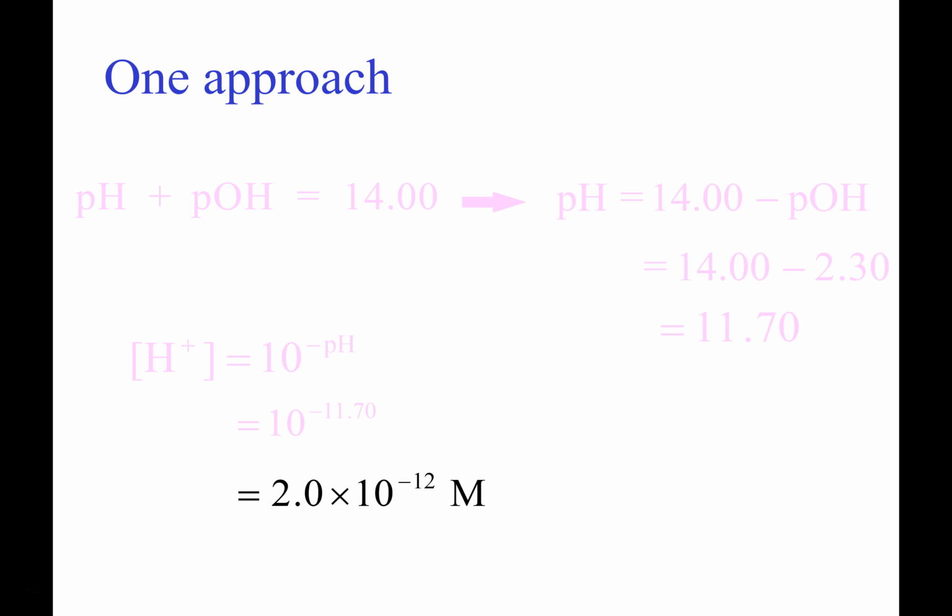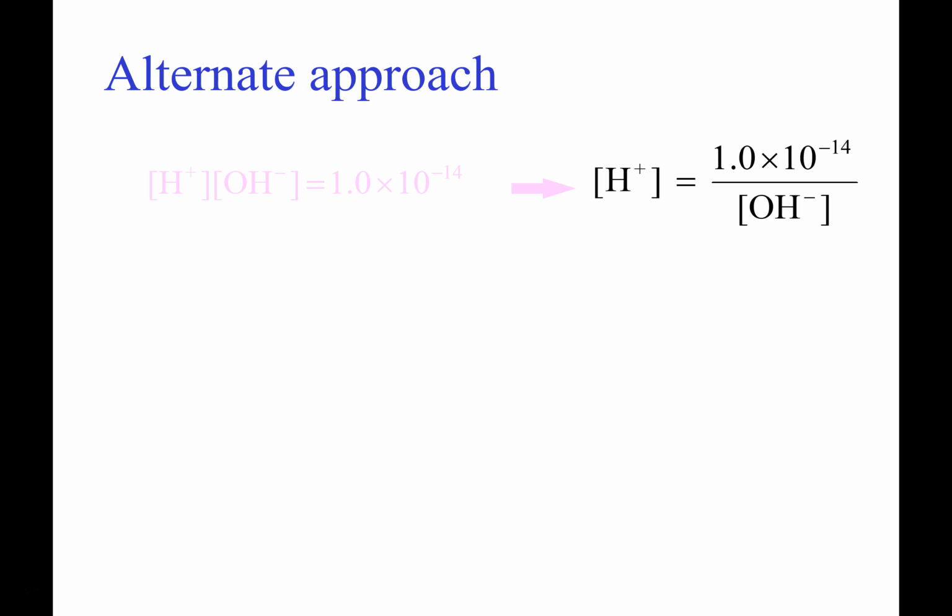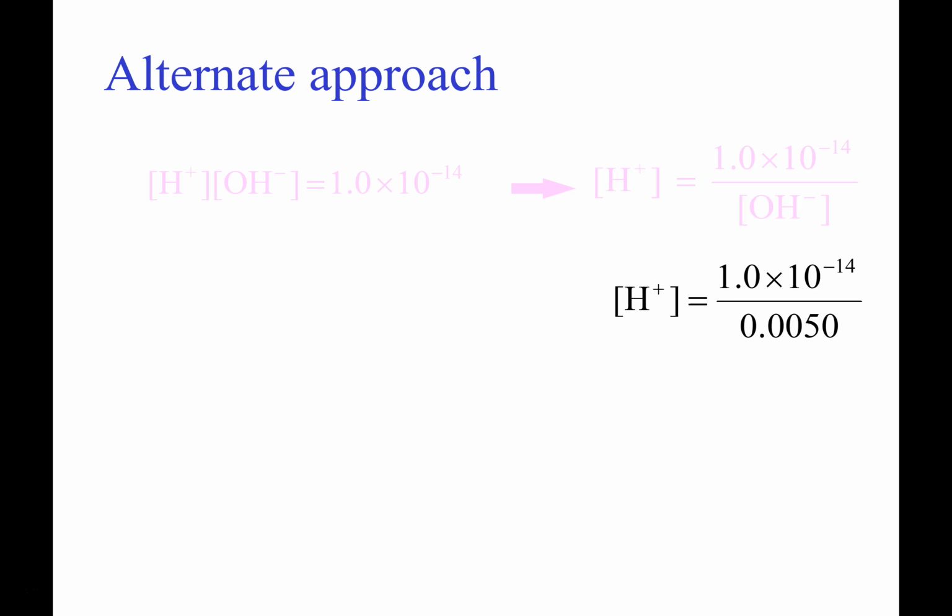That worked. Okay, so an alternate approach. We could go for the hydrogen ion concentration, rearranging our Kw expression. So your H plus will equal 1.0 times 10 to the minus 14 divided by your hydroxide ion. And we knew our hydroxide ion was 0.0050.